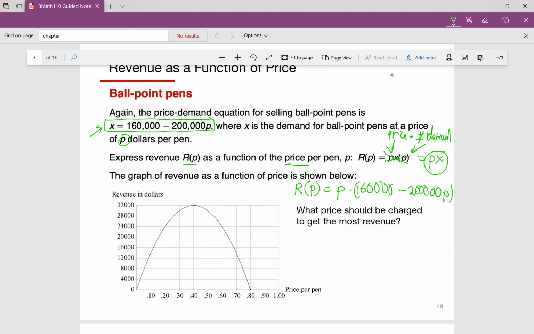And if you want to do the distribution, you can rewrite this function, let me write it up here.